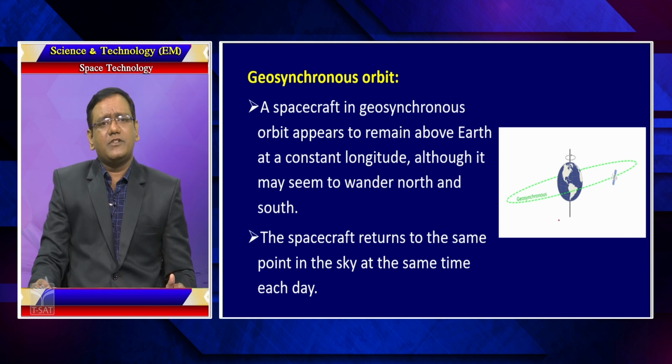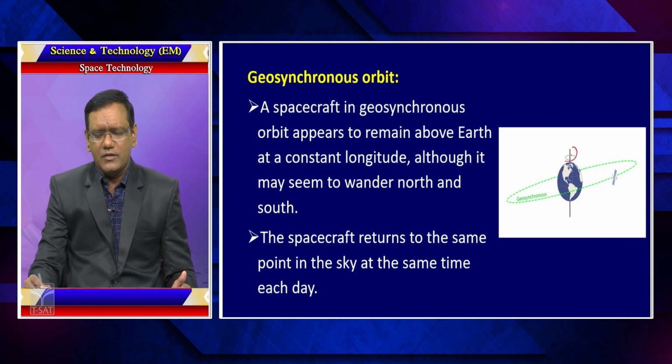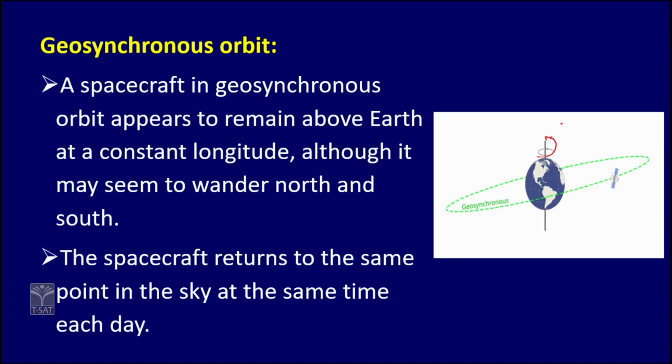So the spacecraft returns to the same point in the sky at the same time each day, because the Earth revolves on its own axis, and the satellite is also moving around the Earth's axis, and both have the same time period. Time period is the time required to move from a place and come back to the same place, a full 360 degrees.